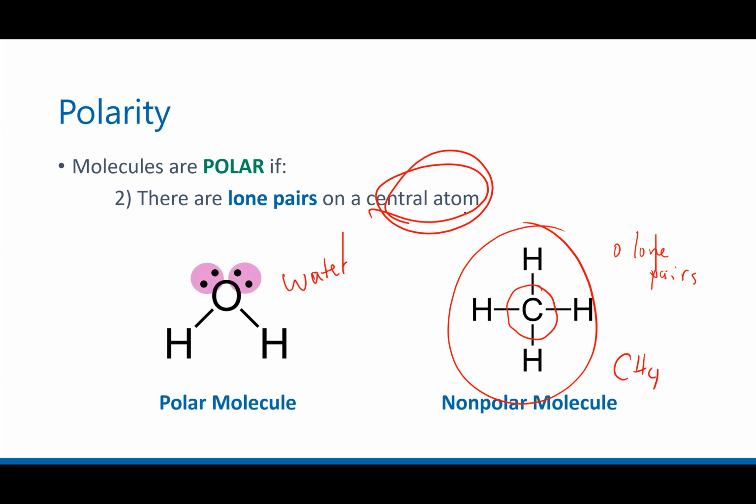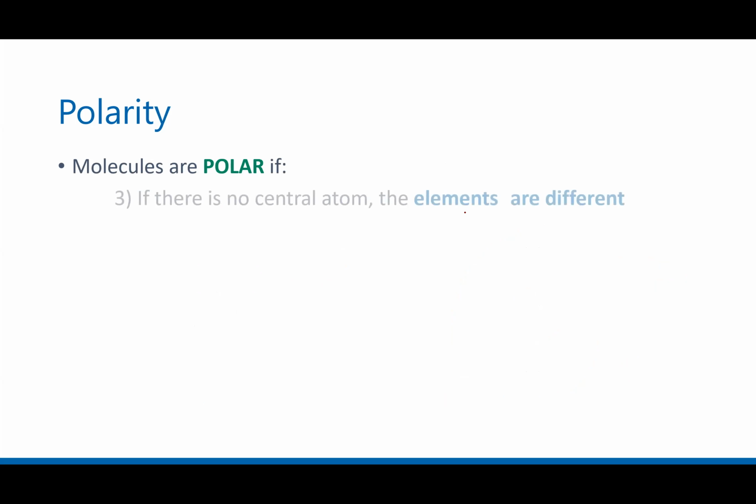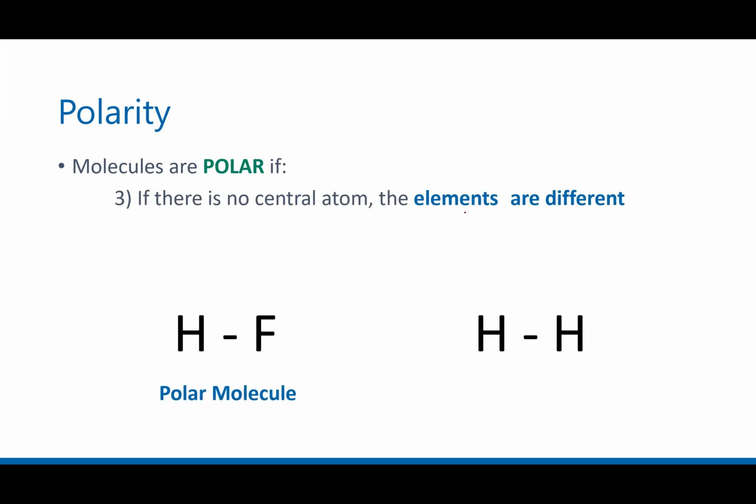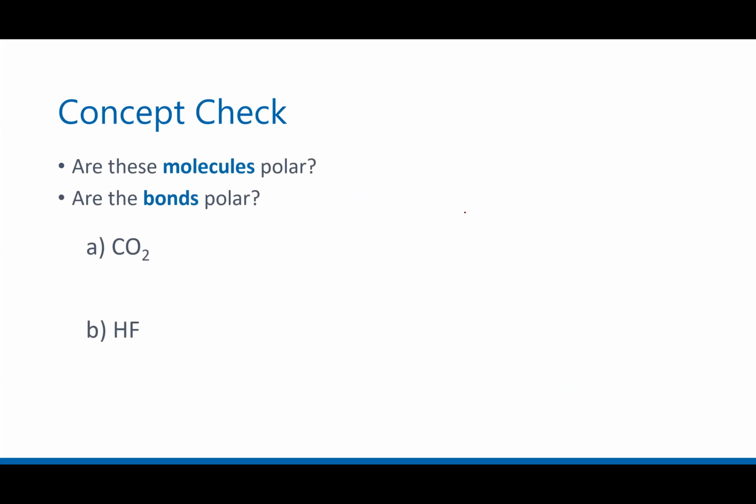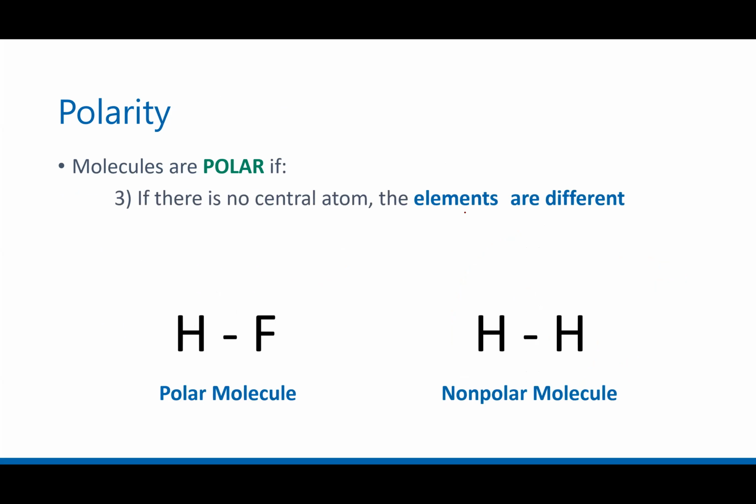And rule number 3, or the last rule, is if there isn't a central atom, meaning it's just 2 elements bonded together, well, if the elements are different, it's polar. Again, remember, polar means the electrons are not shared equally. If the molecules are the same, they're going to share it equally.